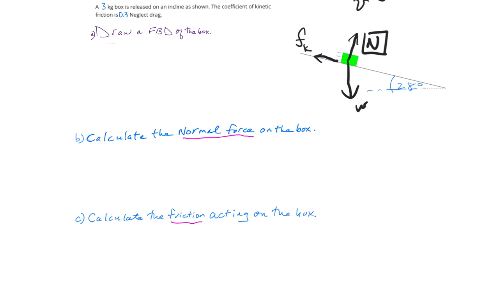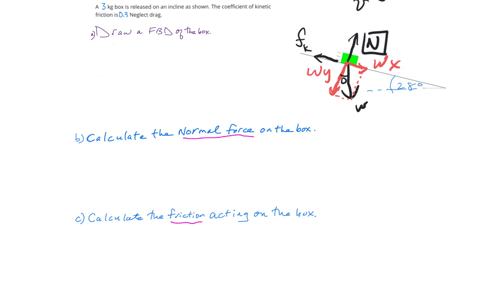Okay, let's break this up. Let's break W up into WX, three-finger rule, and WY. There's WX, here's WY. And the inside angle is the same as the ramp angle.